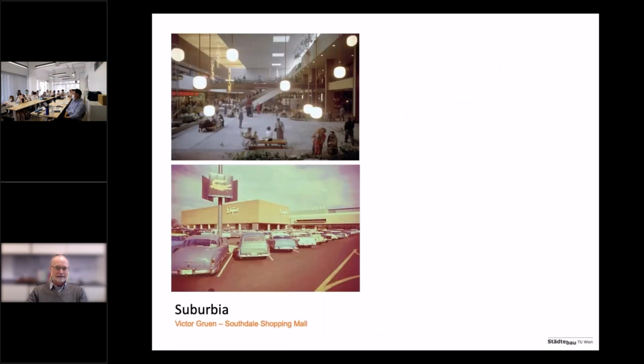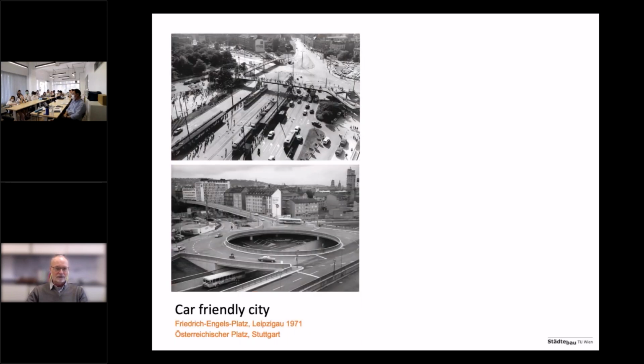So there are some things that we have to change. We all discussed suburbia, the shopping malls, the motorized individual traffic problems, and so on, that started in the 50s, when we also started to demolish our cities to provide space for the cars, space for the motorized individual traffic.